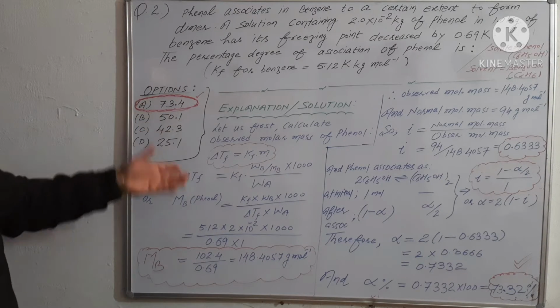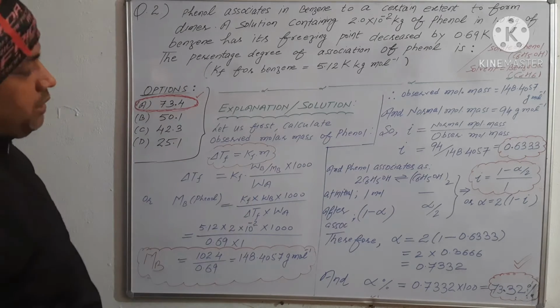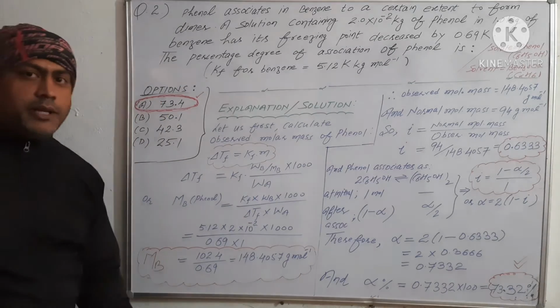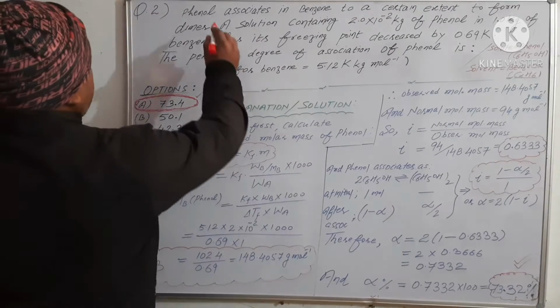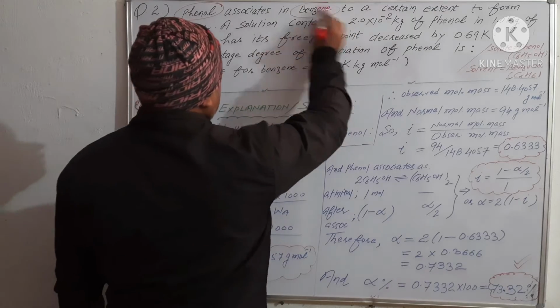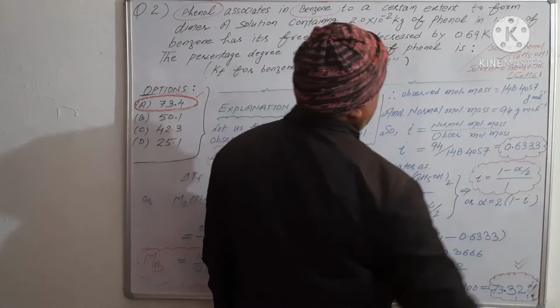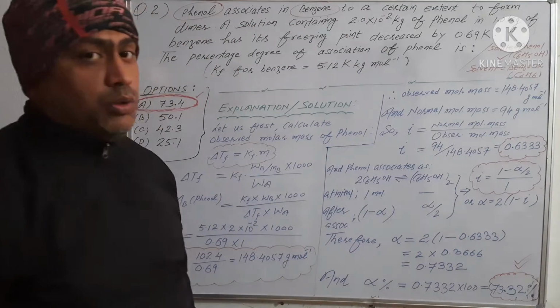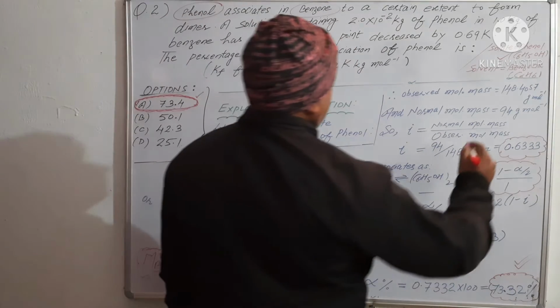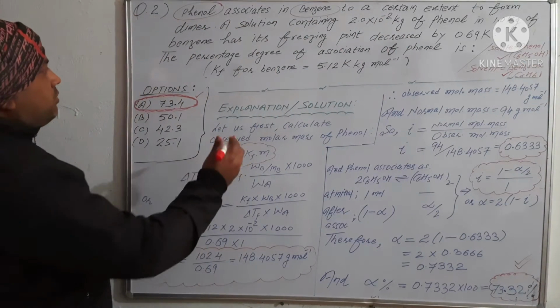So let me see one by one what values are given in the statement and how we calculate and find which option is correct. Phenol is the solute, benzene is the solvent. With the formula C6H5OH we find the molecular mass of phenol, and the molecular mass of benzene, C6H6.